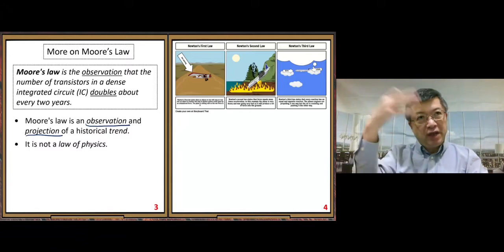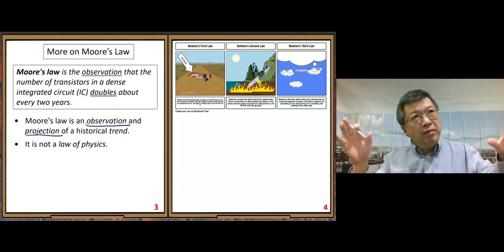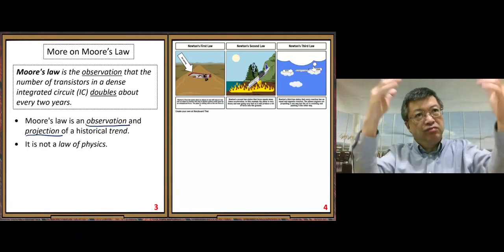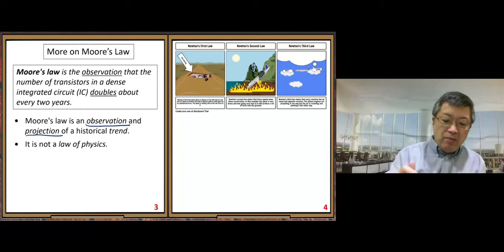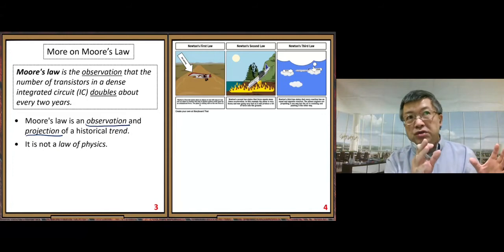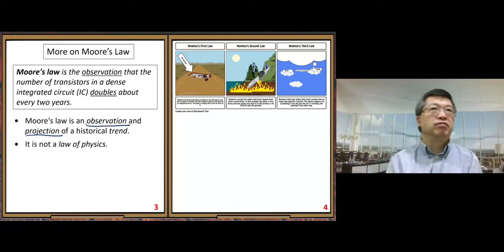People can do a lot of experiments to prove they are true. Those laws are always true. But Moore's Law is sometimes true, sometimes not quite true. It was true for a period of about 40 years.